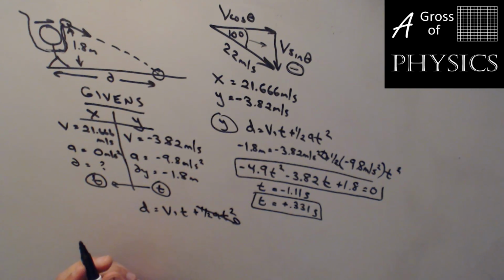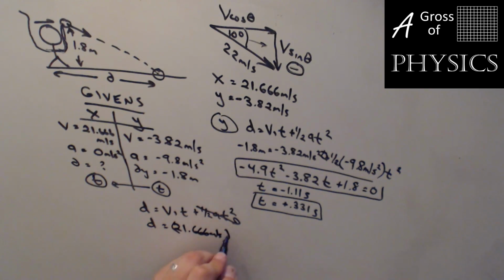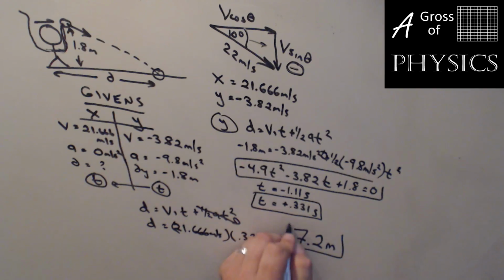The a term cancels, and we're left with d equals 21.666 meters per second times 0.331 seconds. So I go back to 21.666 times 0.331. And when I multiply that, I'm getting 7.2 meters. I got 7.171, but I'll just round that to 7.2 meters.